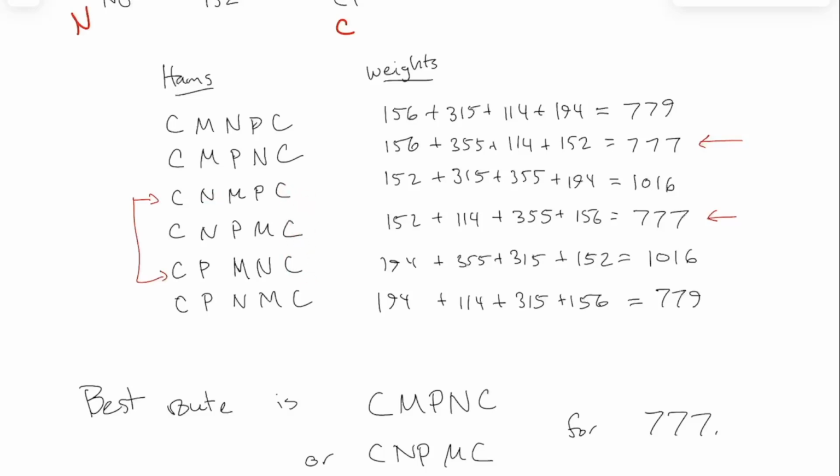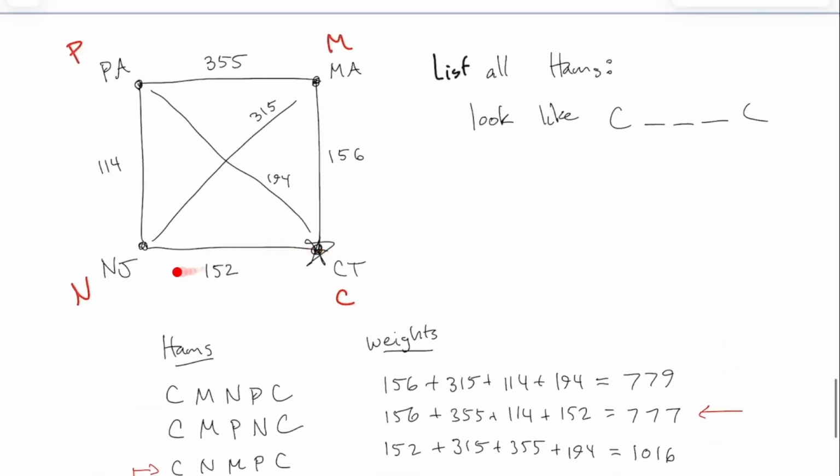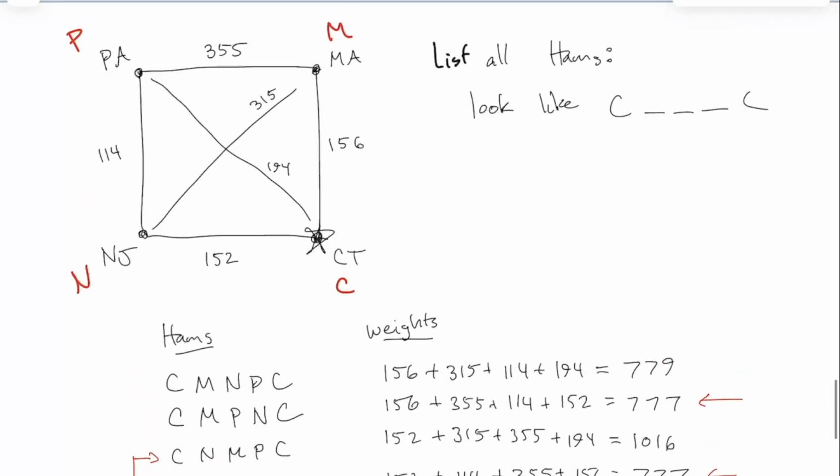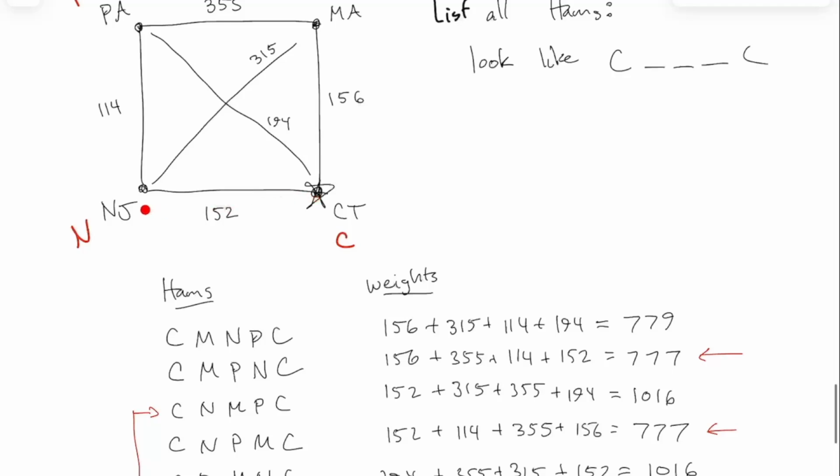It is true that this involves just swapping those two guys. If you think about the routes on the map, CNMPC looks like this X, right? And the other one goes CPMNC. It's actually the same route. It's this X again, but going backwards. It's just doing the same route the other way around.